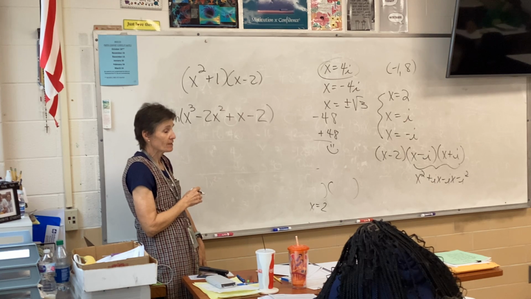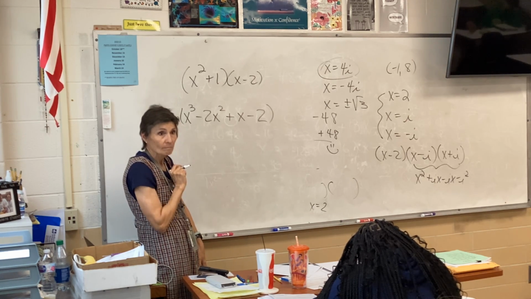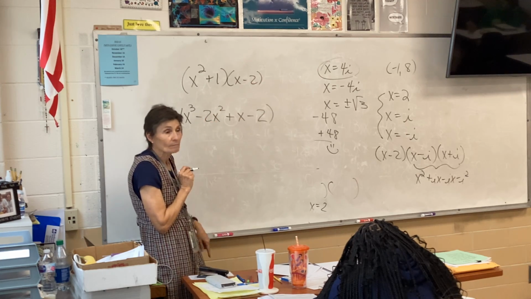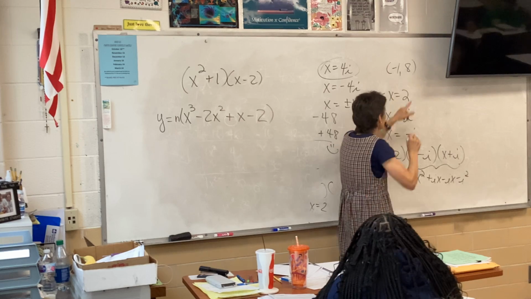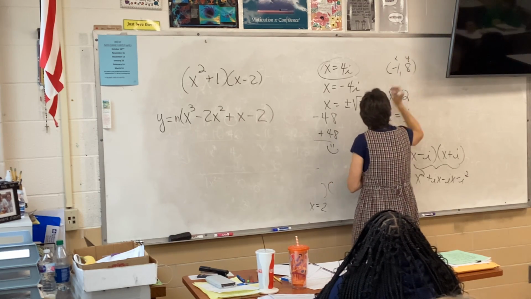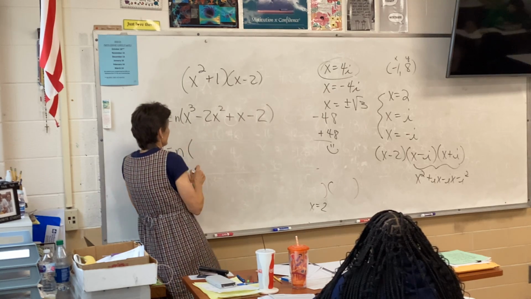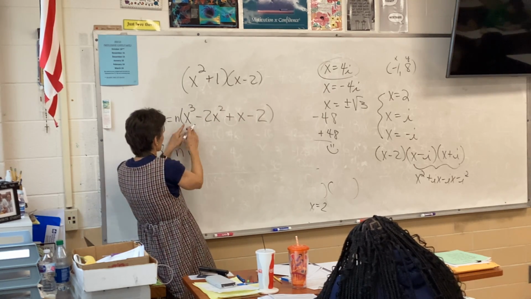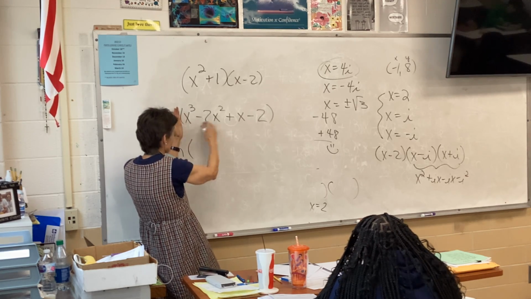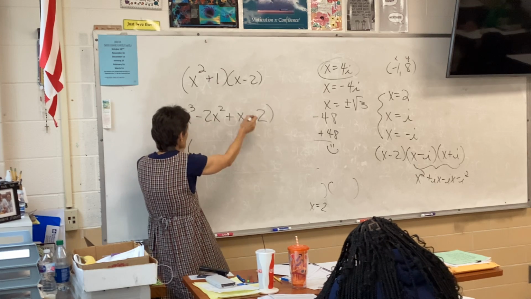How do you think I'll figure that out? Plugging in the point. Yeah, plug him in. So every x is going to be a negative 1, and every y is going to be an 8. Well, there's only one y, and this n is just out here by himself. Work all this out.